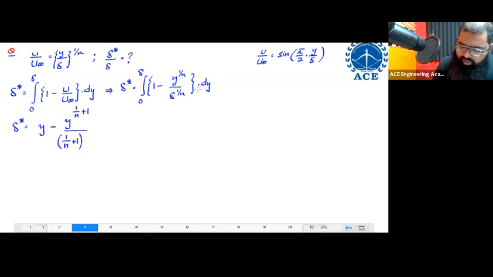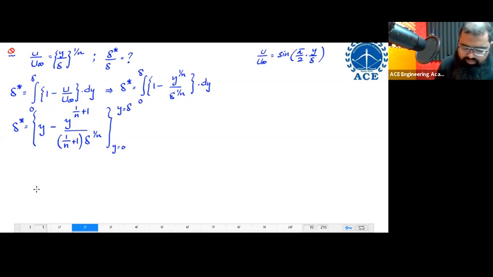Not to forget, I already have over here delta power 1 by n. This is the entire value of the integral. Now I have to put the limits from y equal to 0 till y equal to delta.